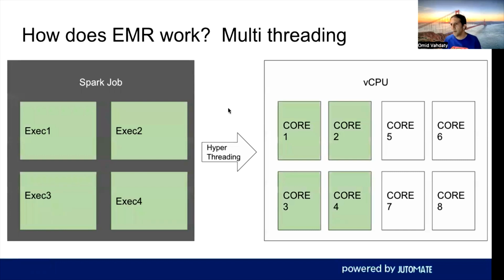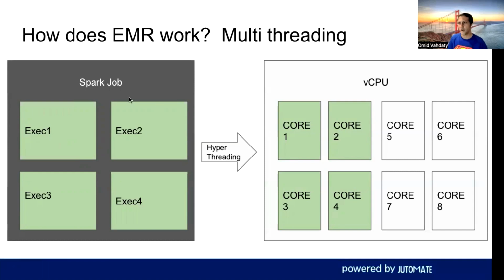Okay, so how does EMR work? Once you have a Spark job, Spark essentially fires some executors, and each executor can be assigned several CPUs and several RAM. But for example, let's do a 1-to-1 correlation. Executor 1 is firing 1 CPU, and it's correlated like this.